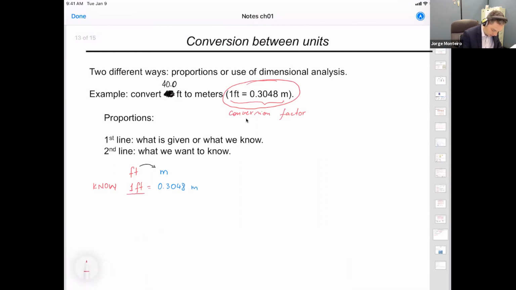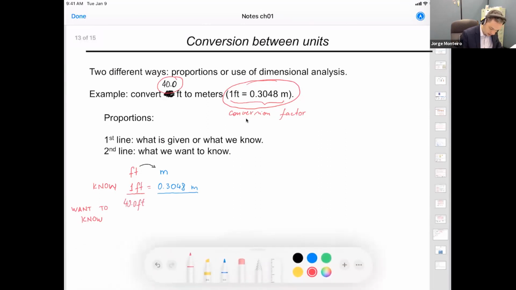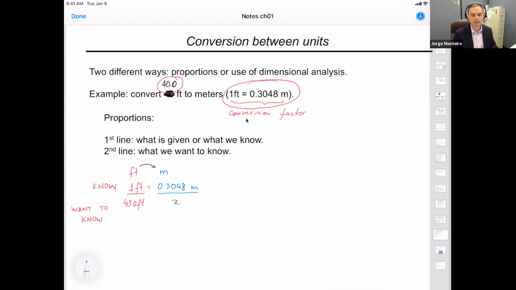And that's going to be a fraction. The second line will have the information that I want to know. I want to know 40 feet is equivalent to how many meters, okay?